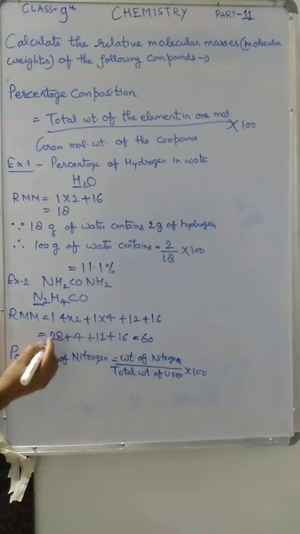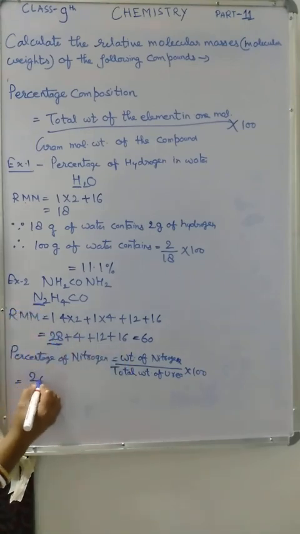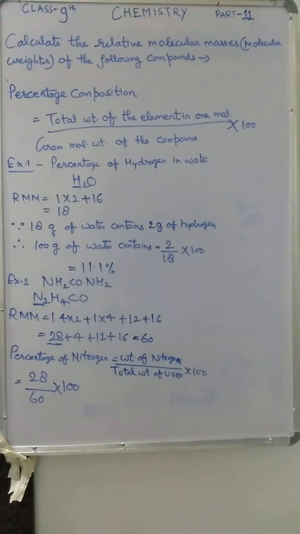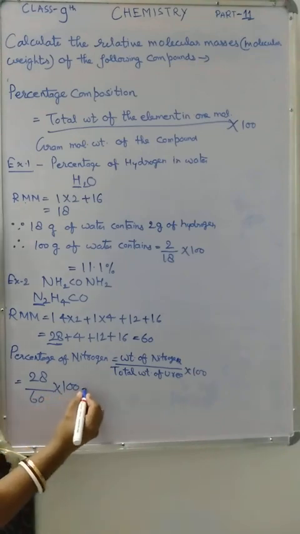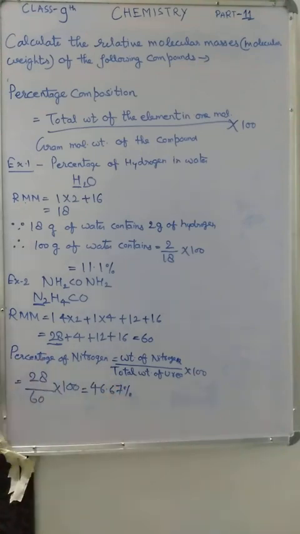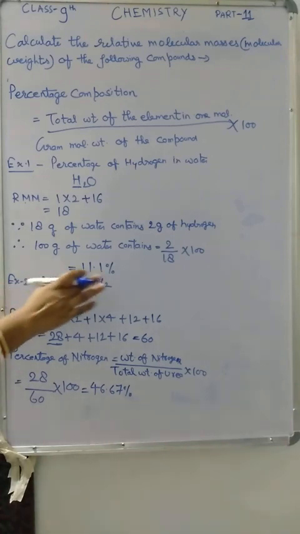The weight of nitrogen is 28, and the total weight of urea is 60, into 100. So what will you get? Your answer will be 46.67%.